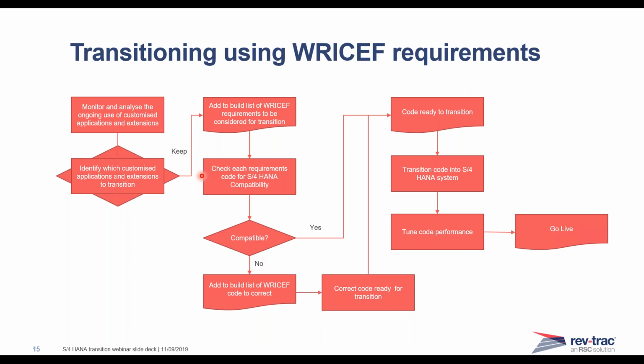We then need to check each requirement as a unit of work for S/4HANA capability. Of course, within that unit of work, some objects might already be compatible, but others might need to be corrected, and so that code will be corrected until we have the code within that RepTrak ready to transition. And so we'll then move that into the S/4HANA system. Now there's two schools of thought around this. One school of thought is that you lift and shift all of the code that you're going to transition into an S/4HANA system, and then check your compatibility afterwards.